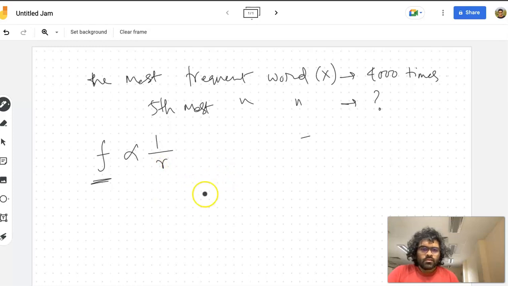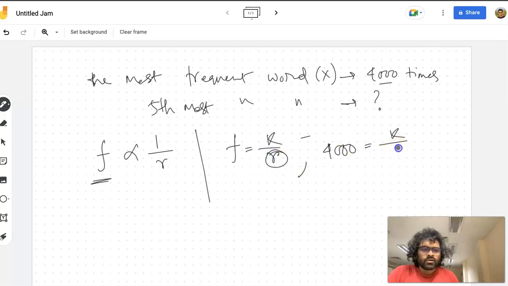So suppose f equal to k over r, where k is a constant. For the first word, f is 4000, k is there, and the rank r equals 1, because this is the most frequent word. For the most frequent word, rank will be 1, so k equals 4000.